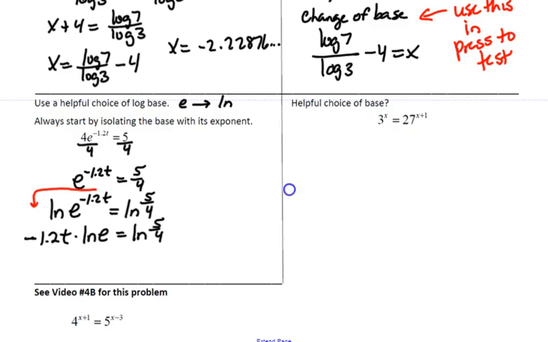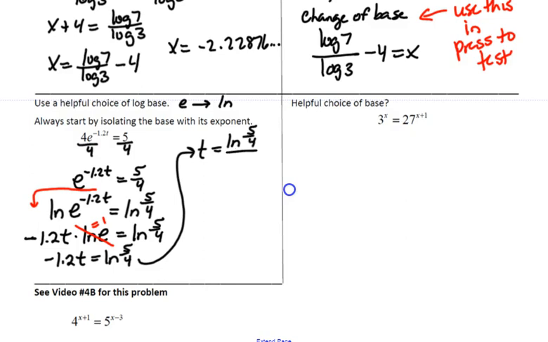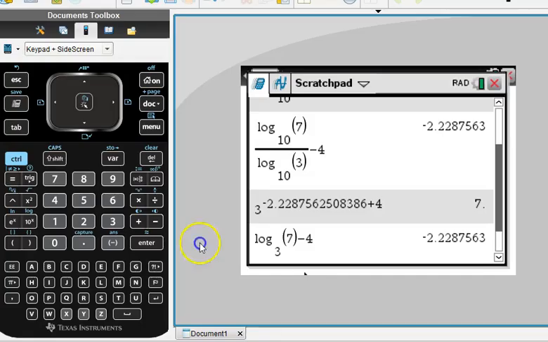Well, natural log of e is just equal to 1, because that's log base e of e. So I don't need that anymore. So it's negative 1.2t is equal to natural log of 5/4. So now I can say t is equal to natural log of 5/4 divided by negative 1.2. So let's calculate on the calculator what that equals.